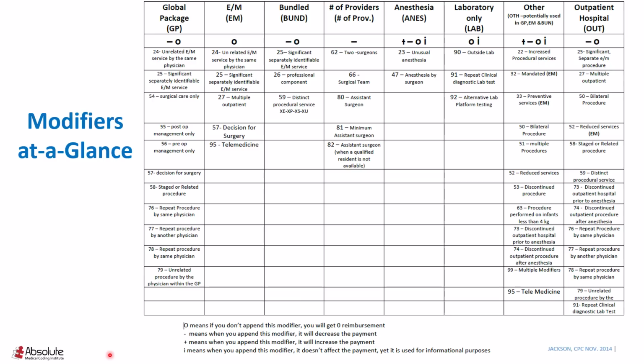Some people say it's very helpful. The link is in the chat. Go ahead and use it, and it's also on your syllabus. I'm going to point out some of those modifiers that are common. And yes, modifiers can be in multiple columns.